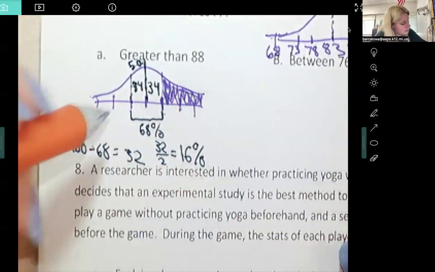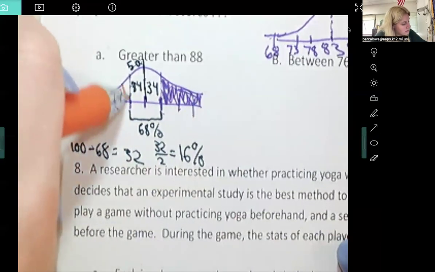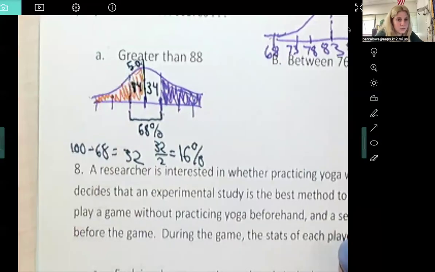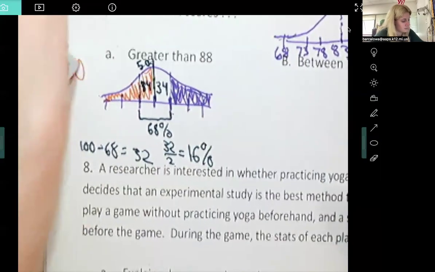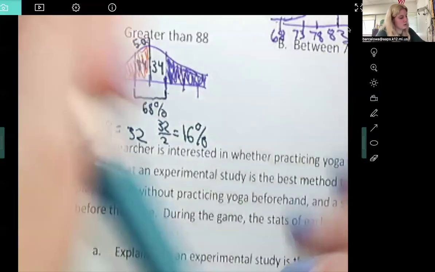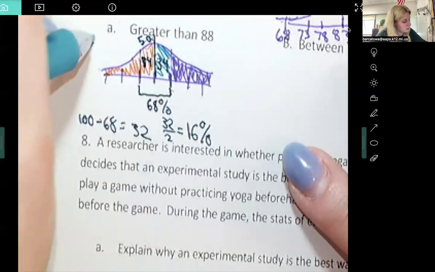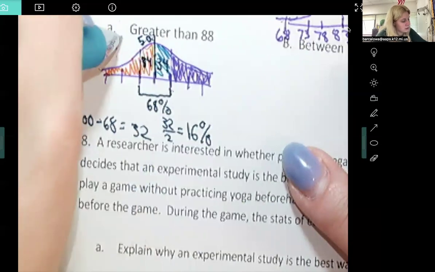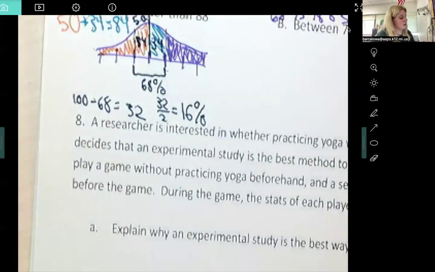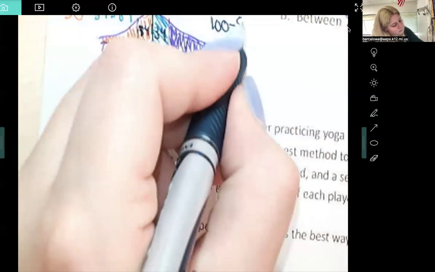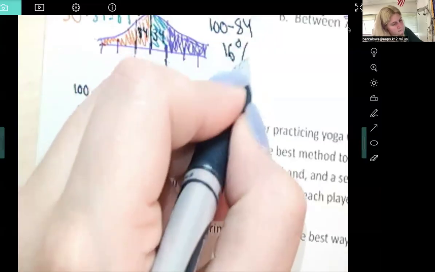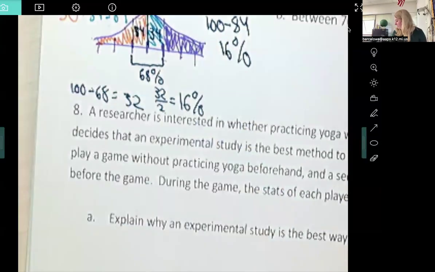So I can shade all of this would be 50. All of this part would be 34. So unshaded is 84%. Then you could take that 100 minus that 84 is 16%.